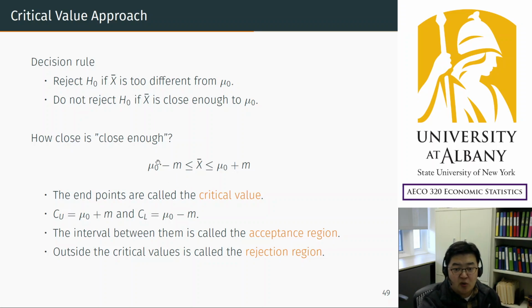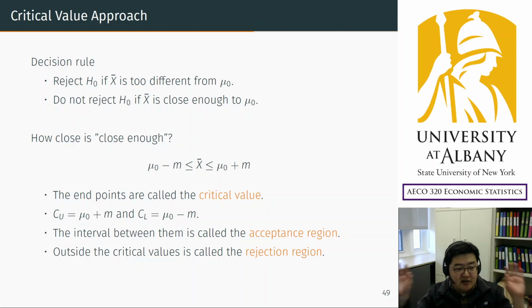So we are going to call these two endpoints, mu 0 minus m and mu 0 plus m, the critical values. Upper critical value, lower critical value, right? And the interval between these two critical values is called the acceptance region, because the null hypothesis will be accepted in that area.